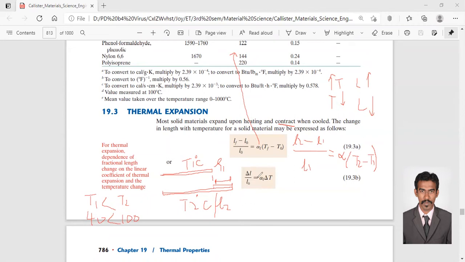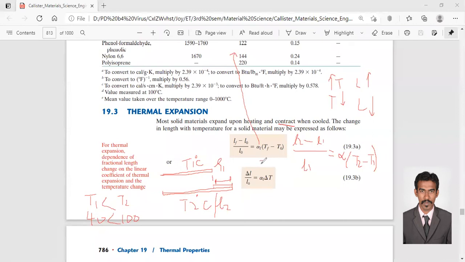That is equal to alpha, the thermal expansion coefficient, into TF minus T0. TF is the final temperature, T0 is the initial temperature, so final temperature minus initial temperature is the change in the temperature, that is delta T. So these equations are similar equations.